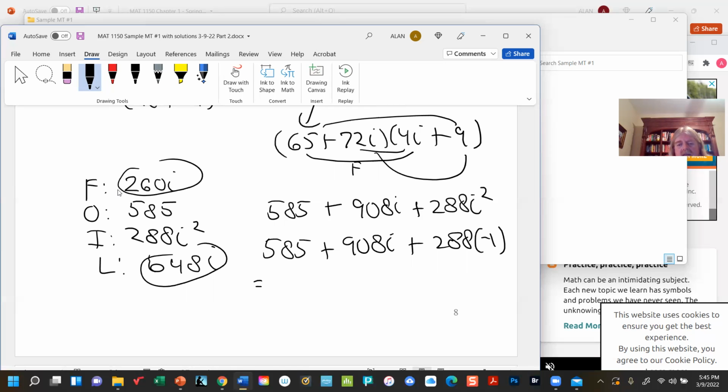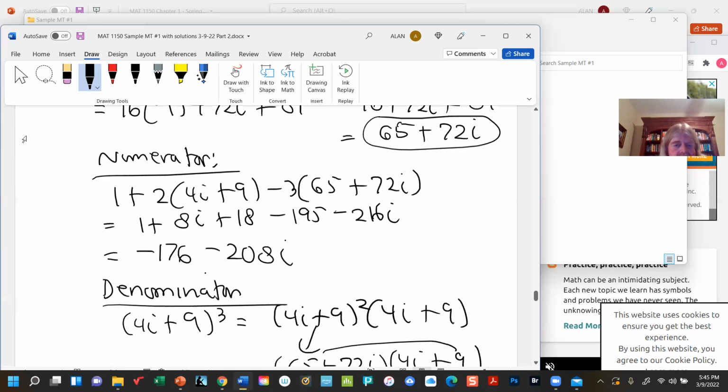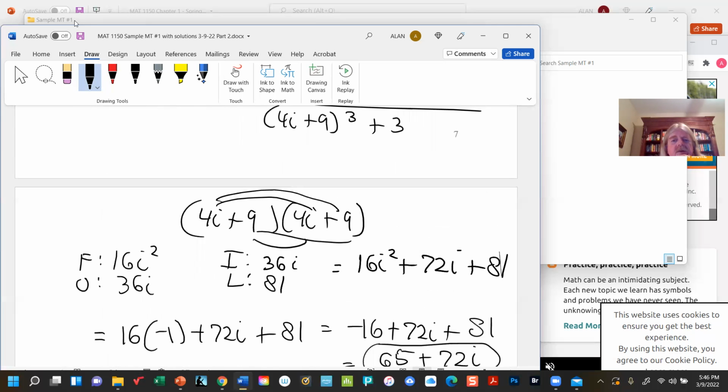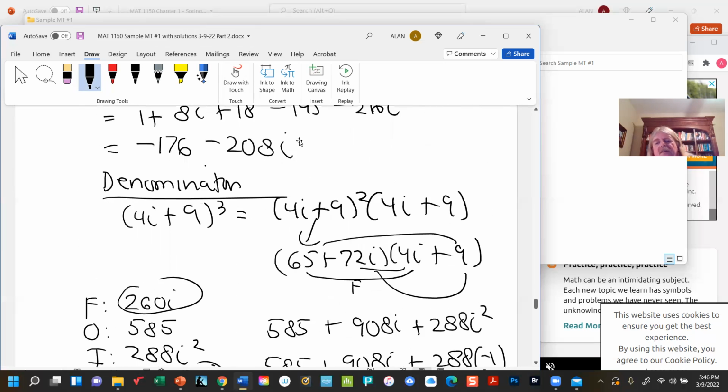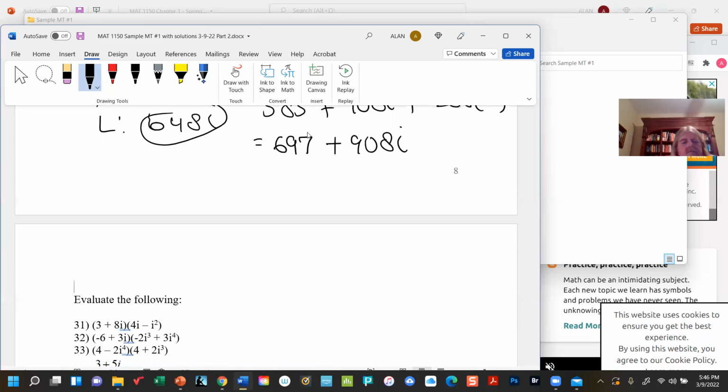All right, so all of that represents, unfortunately, not the entire denominator because we had this +3 term. So the final result for the denominator is all of that +3.